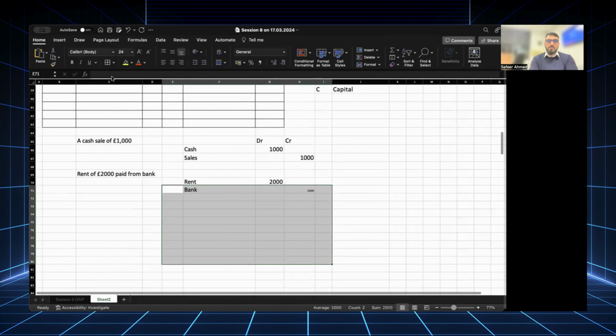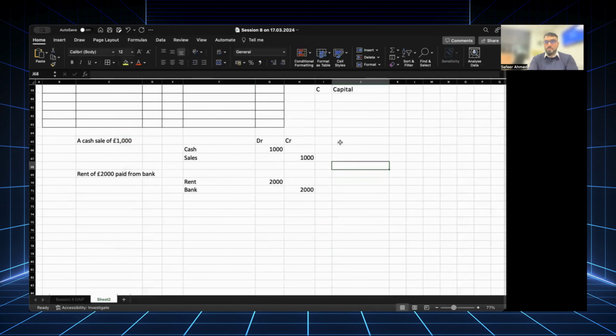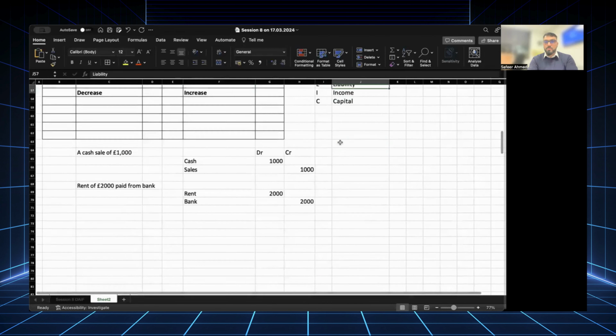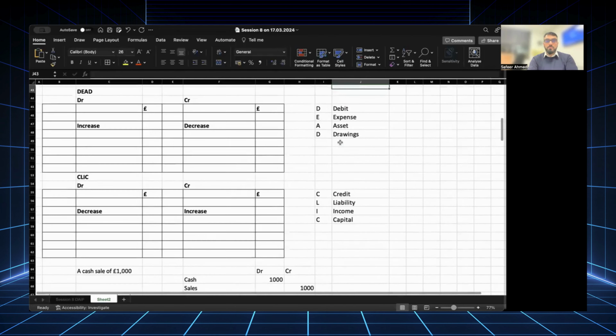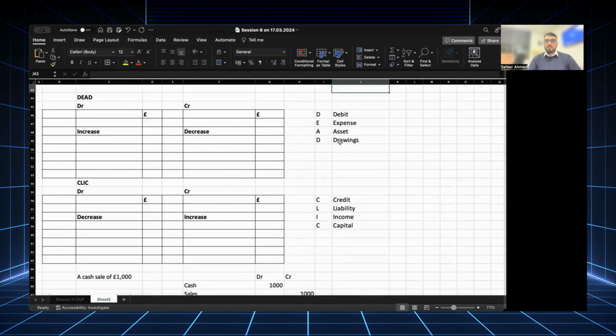Okay, so hopefully this has given you some idea, but the key thing is that if you remember these rules off the top of your head, this will really help you. I know you might find it a little difficult in the beginning, but trust me, once you remember these and you keep applying them, then your life will be a lot easier in Level 1, 2, 3, and 4.